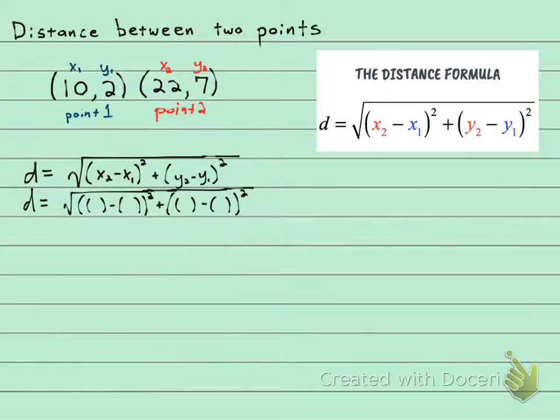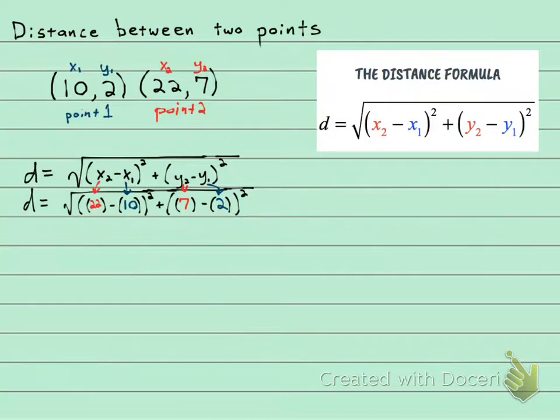And now let's plug these 4 numbers in. x2 is 22. x1 is 10. Got it labeled above so it's easy to follow. y2 is 7. And y1 is 2.